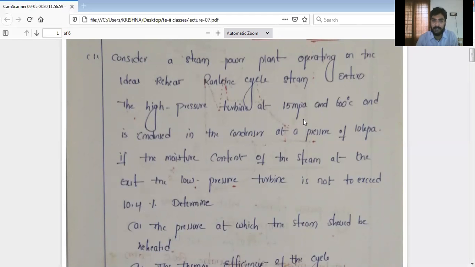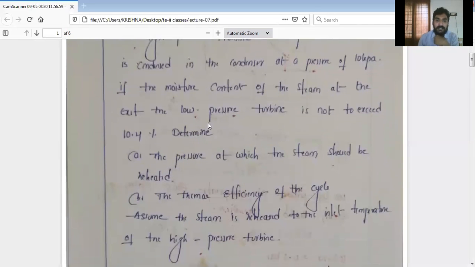That means the inlet condition of the high pressure turbine is 15 megapascal and 600 degrees, and after condensation the pressure is 10 kilopascal.